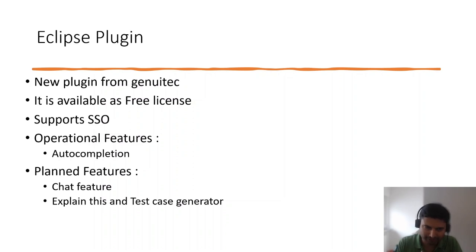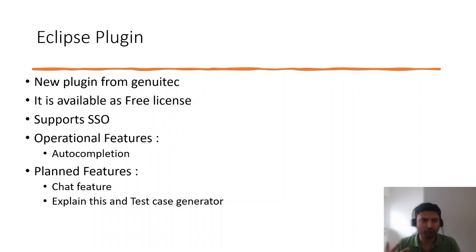The most important thing we were missing in the Visual Studio plugin was single sign-on. There was no SSO feature available, and you probably had to write user ID, password and server credentials behind the scenes to connect to individual systems, which is not an advisable method from a security standpoint.